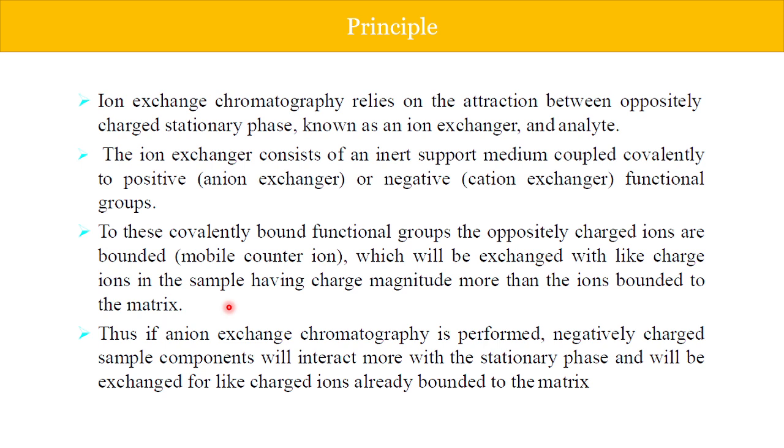Now if anion exchange chromatography is to be performed, then the negatively charged sample components will interact more with the stationary phase and will be exchanged for like charged ions already bound to the matrix. So if you are performing an anion exchange chromatography, your column would be made up of positively charged groups, and the negatively charged ions will bind to these positively charged groups.